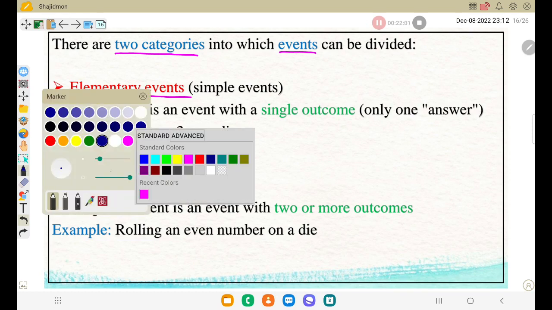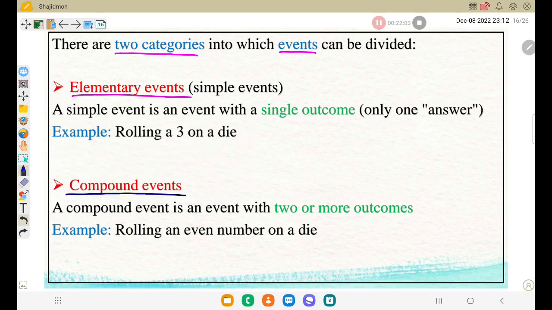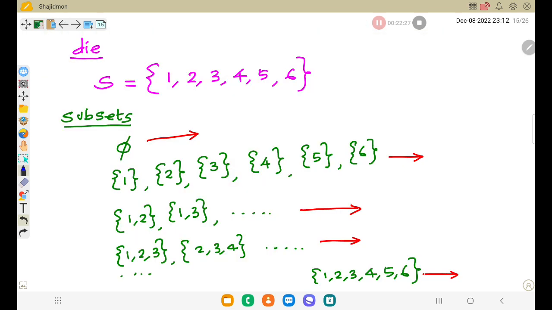What is the meaning of an elementary event actually? Elementary event, or we are calling it a simple event. A simple event is an event with a single outcome. How many outcomes? Only a single outcome. Only one answer. This type of event we are calling an elementary event. For example, in these questions, what are the elementary events here?